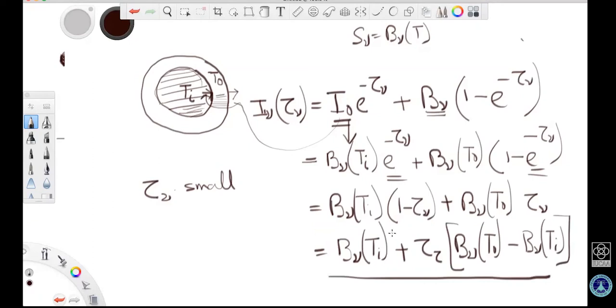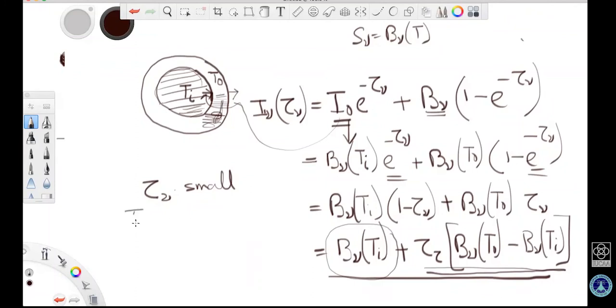That I'm going to see the blackbody radiation that is coming out of the inner star. But there's going to be some deviations here. This deviation is caused by the optical depth of the outer layer, and the sign of the deviation, whether it's minus or plus, will depend on the relative temperature of T0 and Ti.